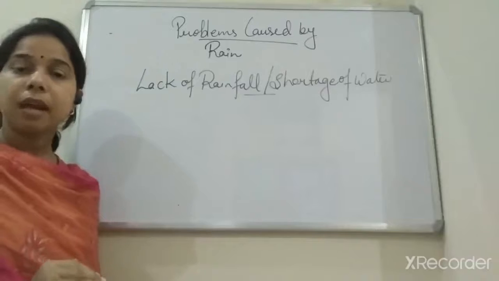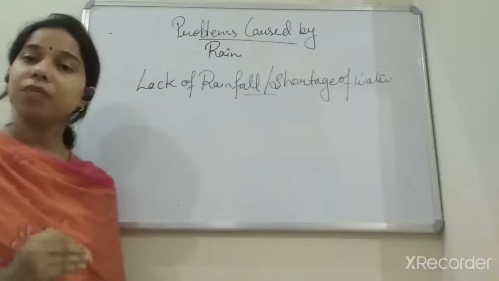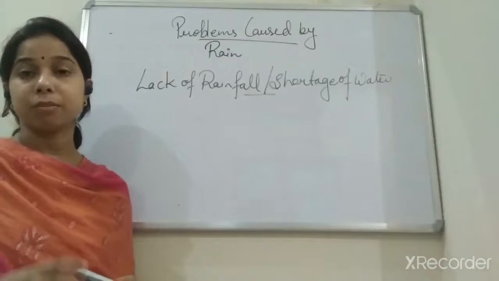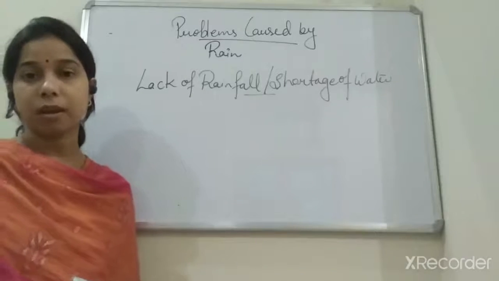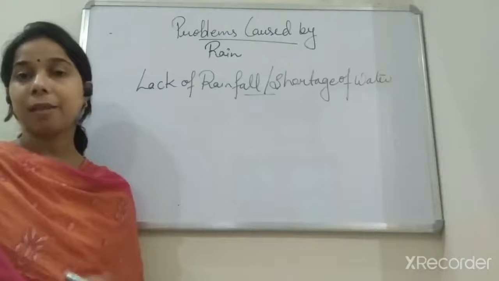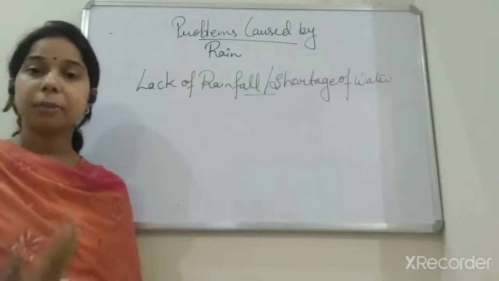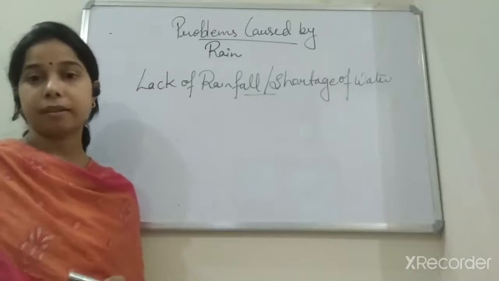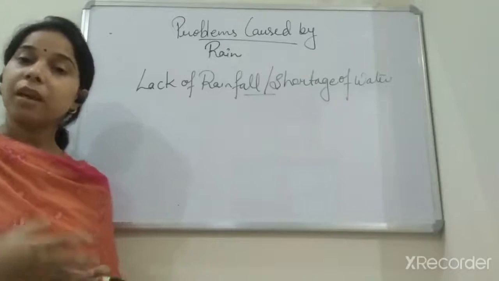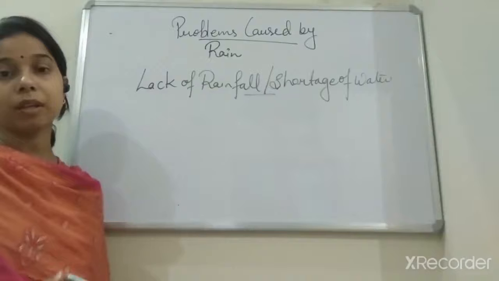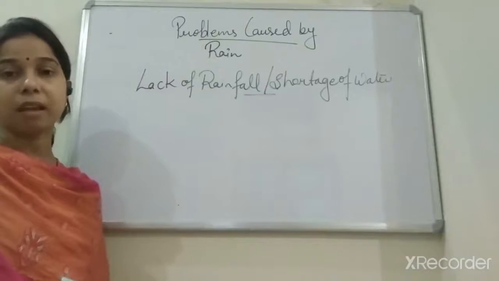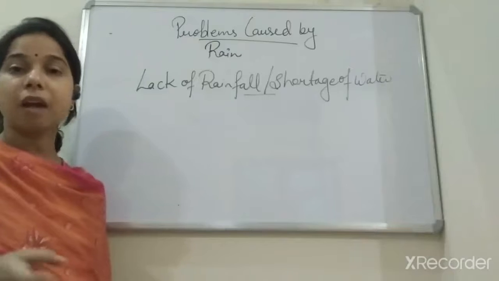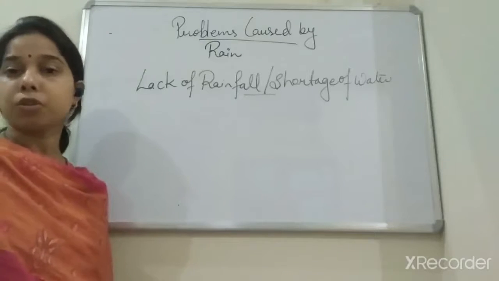So we will understand that this rainfall is very important. Not only this, it is also important for maintaining the moisture in the soil. Soil is an abiotic component. Again, we are dependent on the soil because the crops grow in the soil itself. Okay, so we are depending on the soil also, and soil needs moisture, and that moisture is available due to the rainfall, because ultimately after some time it will lose the moisture, students.